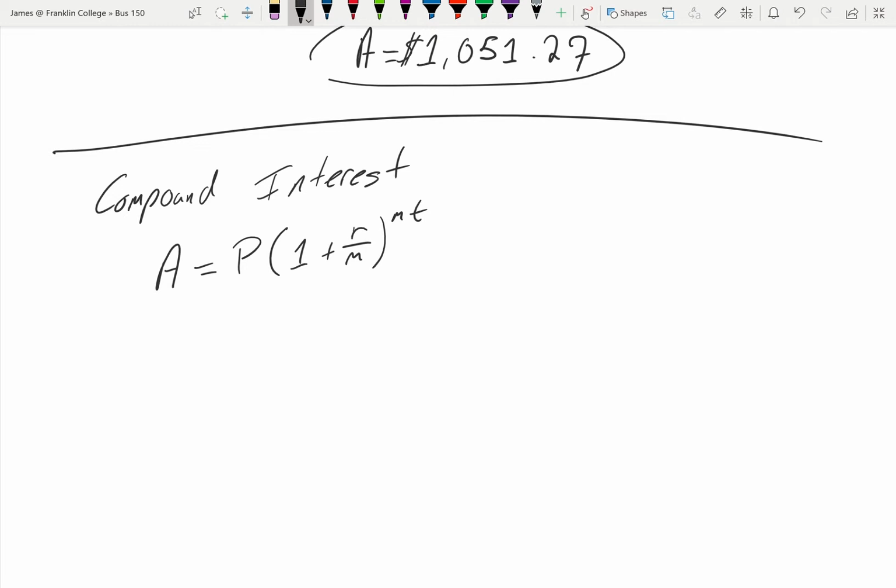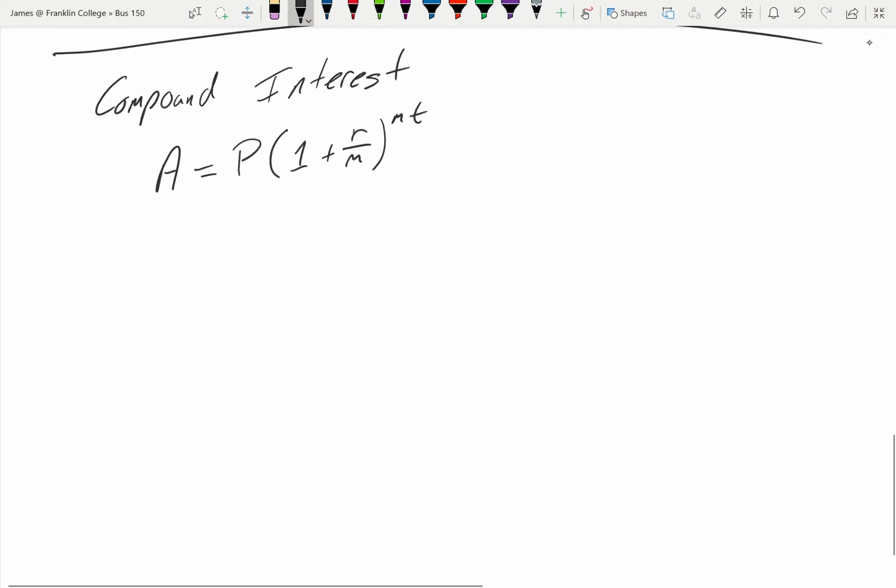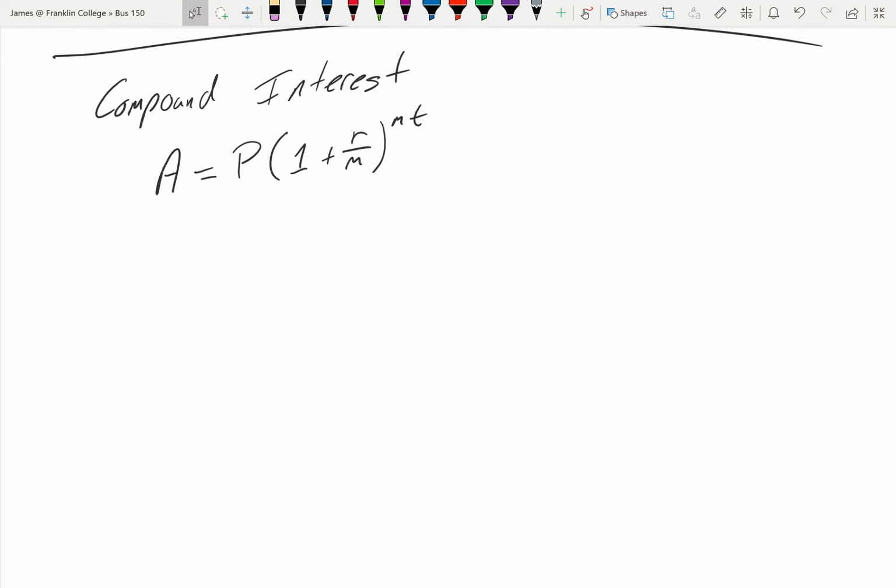But instead of that interest accruing continuously every moment of every minute of every hour of every day, it's going to be accruing interest at set periods of time, where M is going to be denoting how many times per year that we are going to be accruing interest.